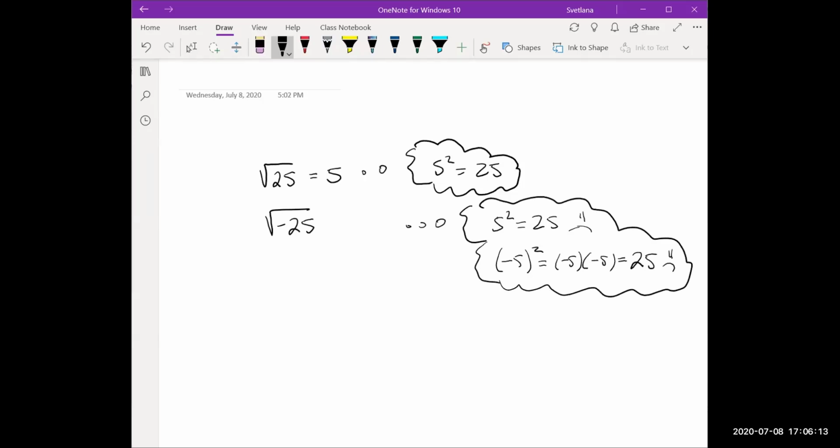No number from the number line, when we square that number, gives us negative 25, and we said that the square root of negative 25, or the square root of something negative, is not a real number. Remember that wording: not a real number. And that's where we stopped last week.